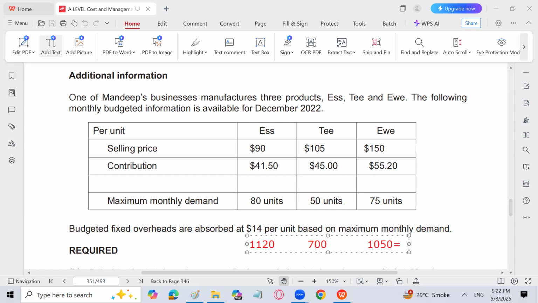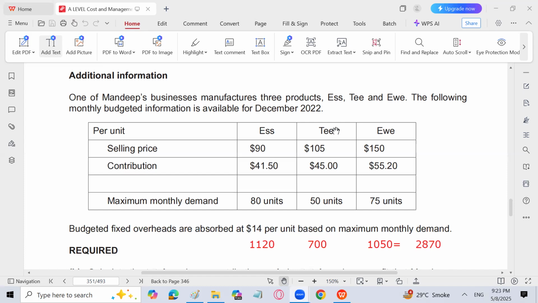Let's go for the total: 1120 plus 700 plus 1050 is 2870. So that is the total fixed cost for all three products.